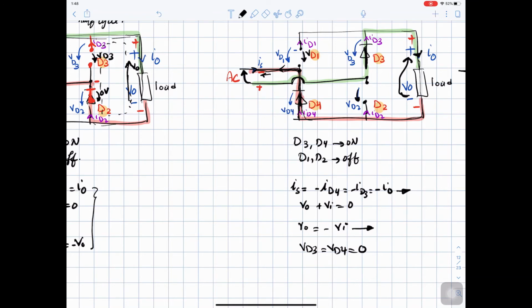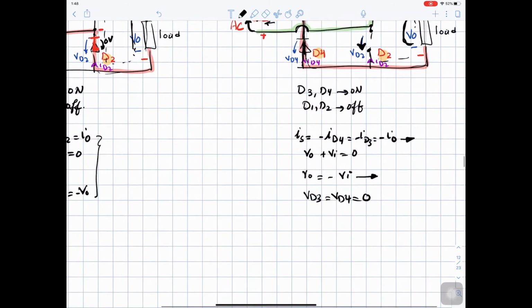Now if we do KVL here, V out plus V diode 2 equals 0 if you do KVL in this loop. So you can find that V diode 2 equals V diode 4 equals negative V out equals positive Vn. So these are the important equations we have in this case.